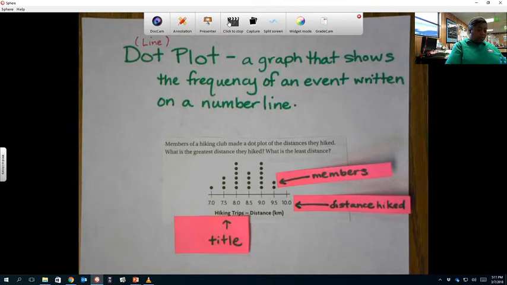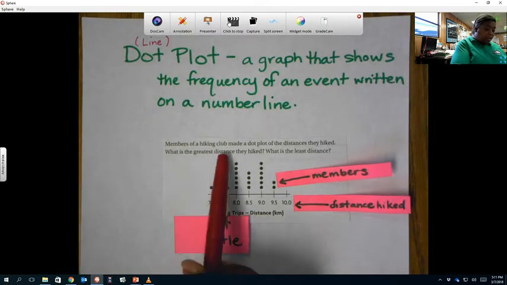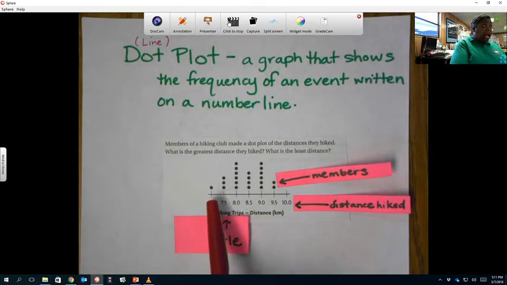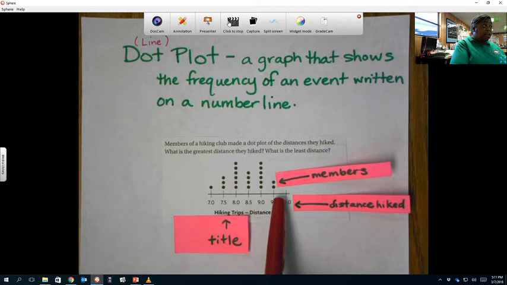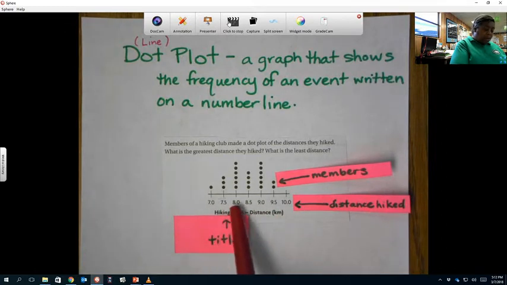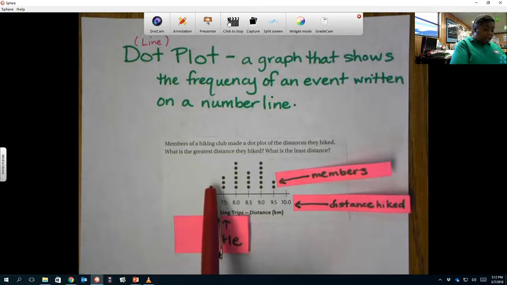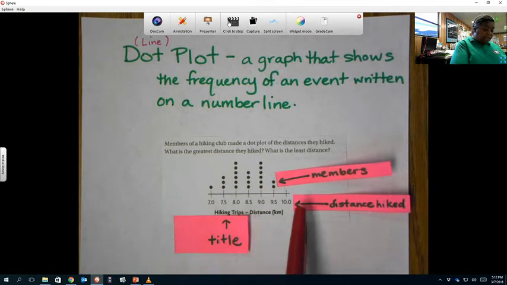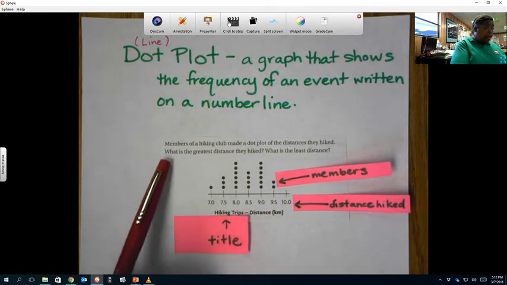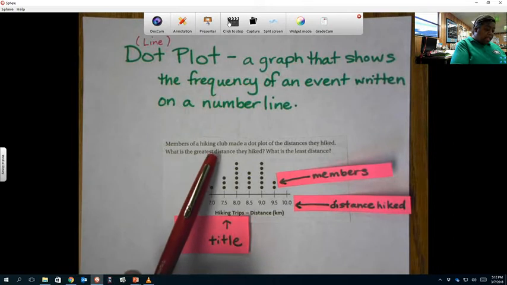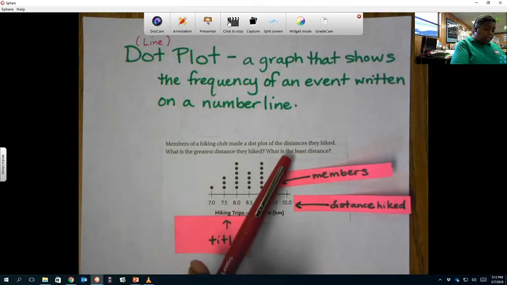So I want to introduce you to this problem that we're going to work through so I can show you some of the parts of a dot plot. Here is our problem. A dot plot has a number line, as you see here, and it has a title. These numbers are the distances, and they're in kilometers. Then we have the dots. If we read our problem, members of a hiking club made a dot plot of the distances they hiked.